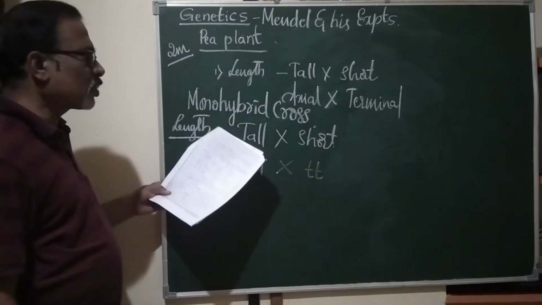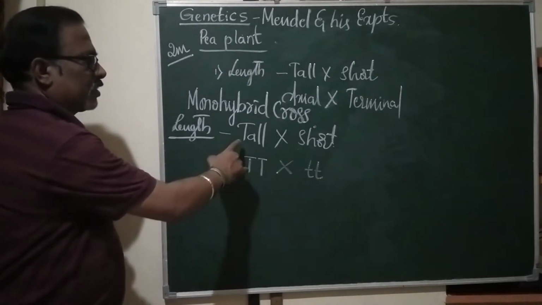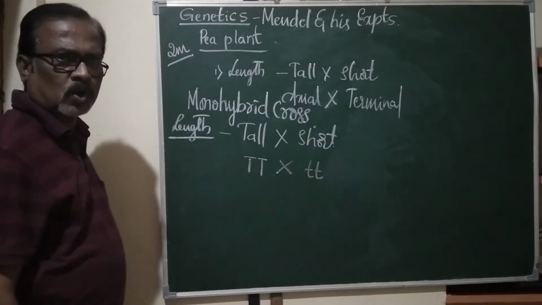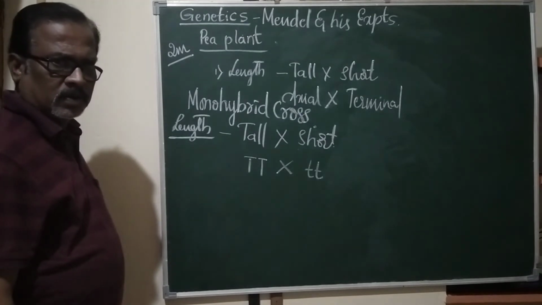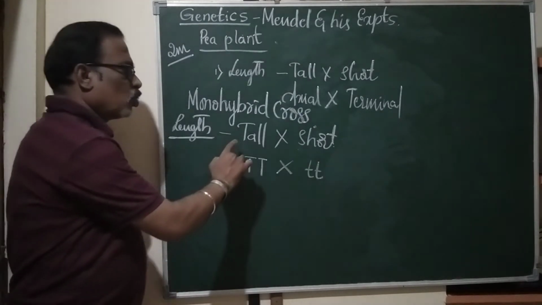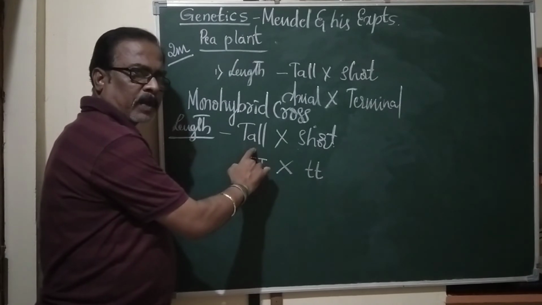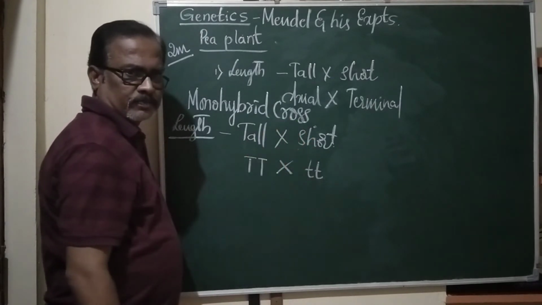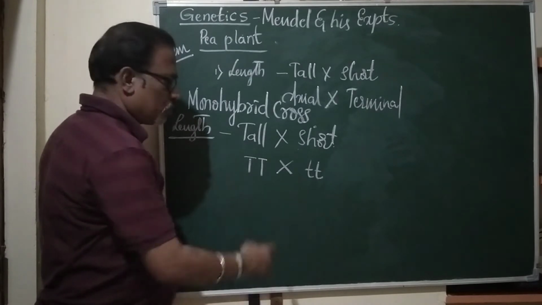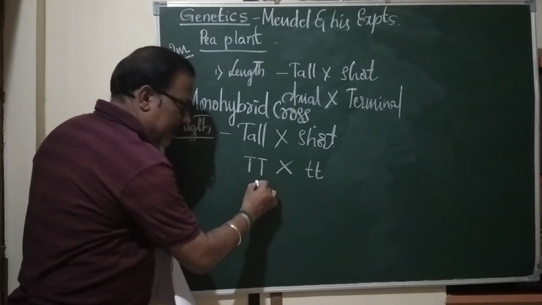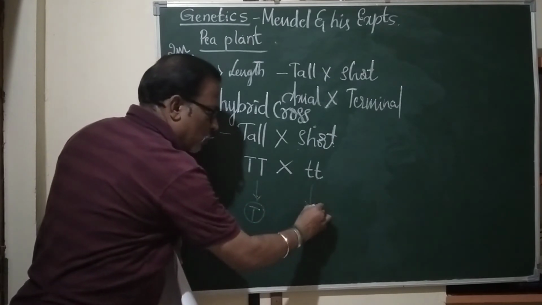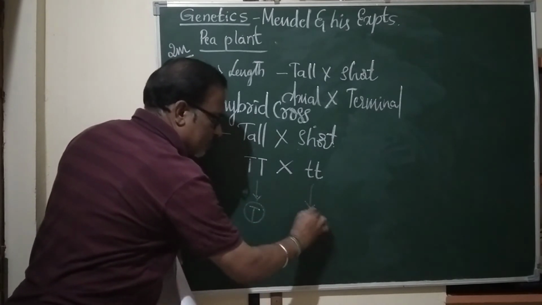So in monohybrid cross, Mendel selected only one pair of contrasting characters, that is tall and short. He crossed homozygous tall pea plants with homozygous short pea plants. Because of their homozygous condition, both produce only one type of gametes.